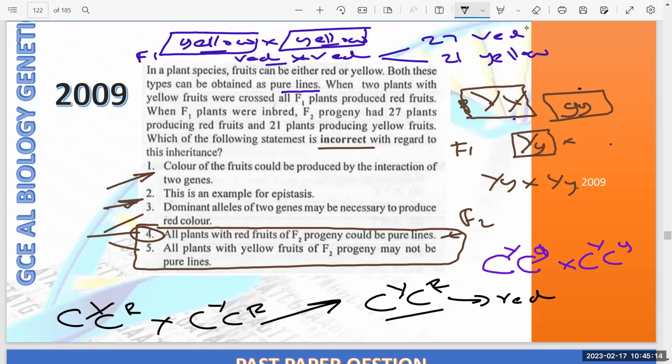Here, if we say capital Y and simple R, then we have YY, YR, then RR. I'm just giving an example. We can get these combinations YY, YR, and RR.